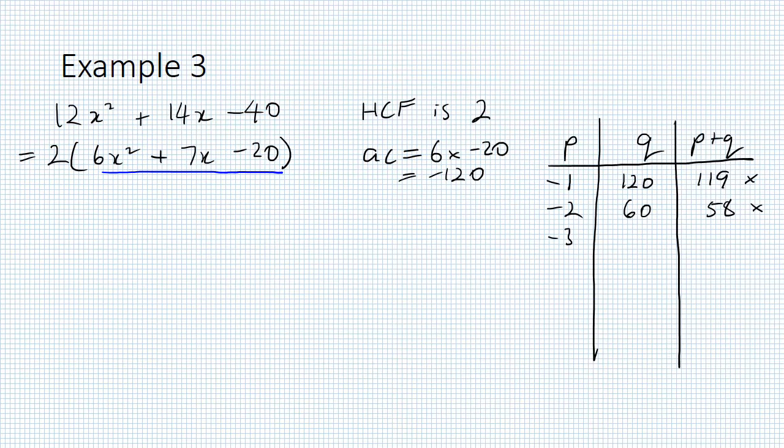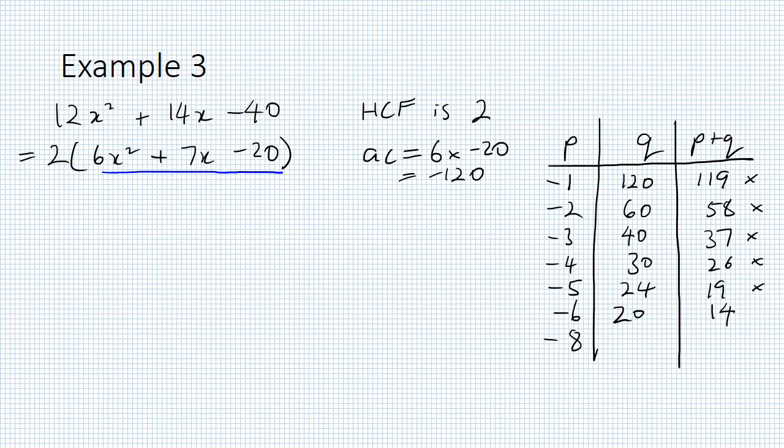Minus 3 and 40, which is 37. Minus 4 and 30, add those together, you get 26. Minus 5 and 24, add those together, you get 19. Minus 6 and 20, added together is 14. Minus 7 is not a factor, so go to minus 8, multiply that by 15, add those together, we get 7, which is what we're after.